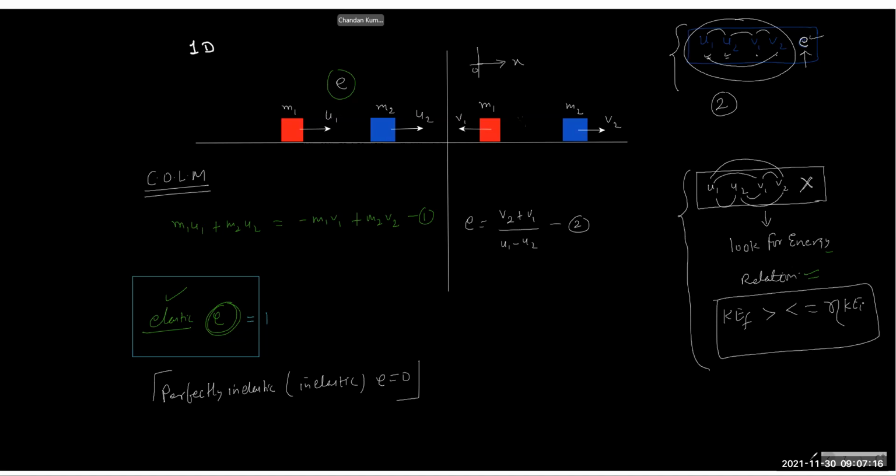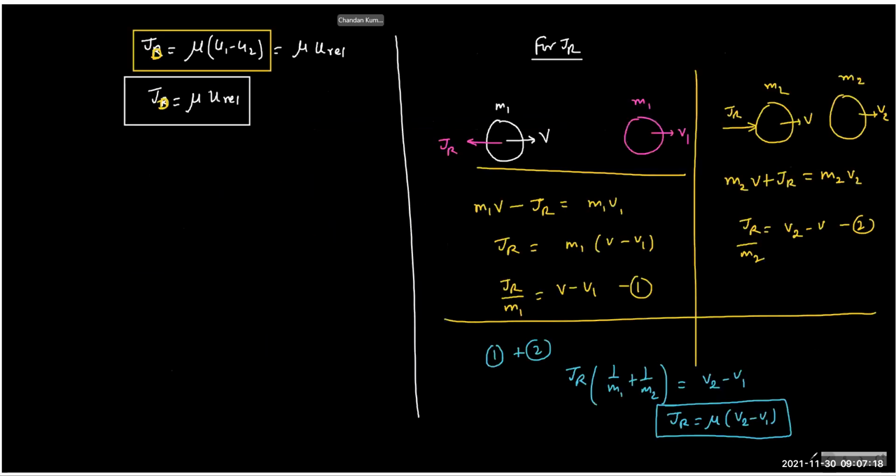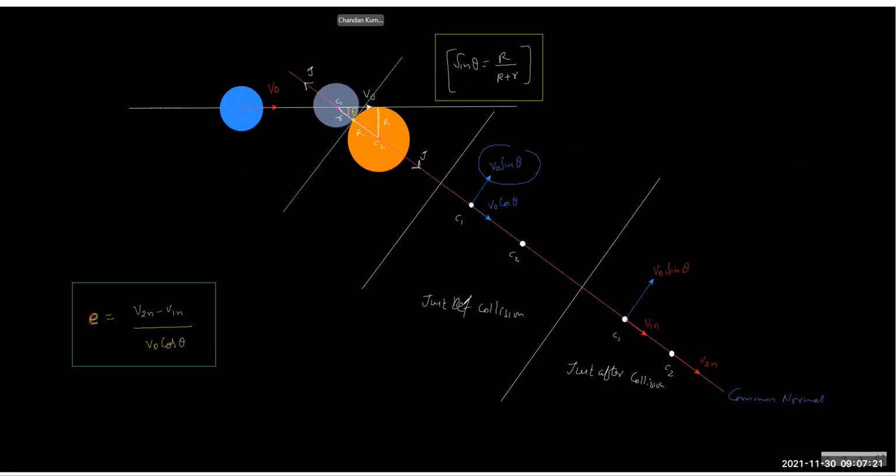Now the question is how to solve the two dimensional collision. Probably we have the situation here and I can solve it here only. So in two dimension, which is the oblique collision, the definition of E is obvious. The next step is only conservation of linear momentum.